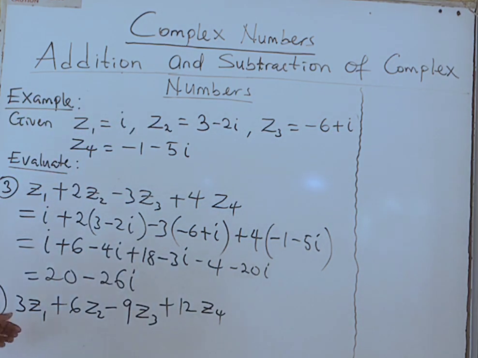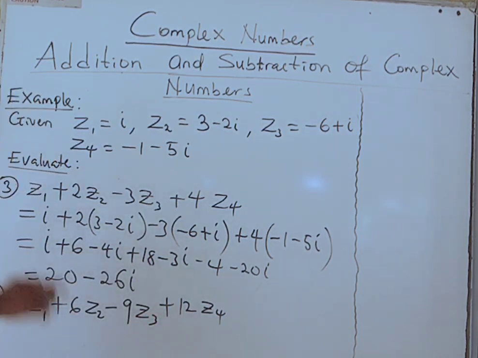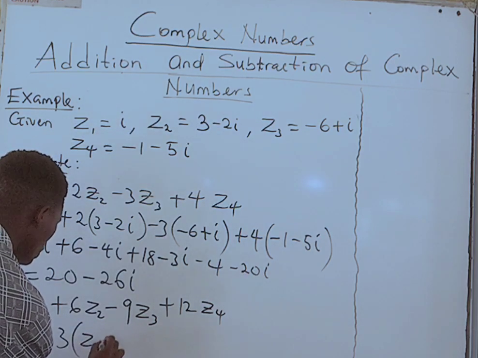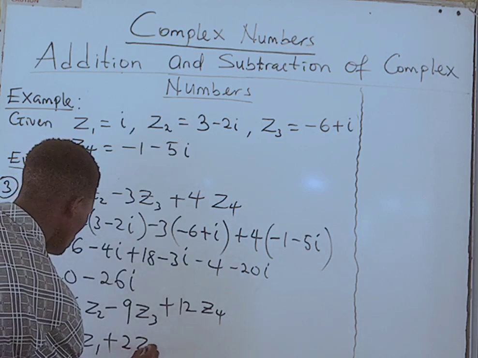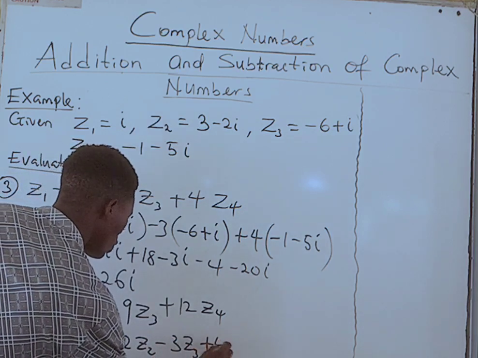It's very good if we substitute the values of z1, z2, z3, and z4. But let's try to work smart. 3 is a factor of every term here. So we can write 3 into bracket z1 plus 2z2 minus 3z3 plus 4z4.